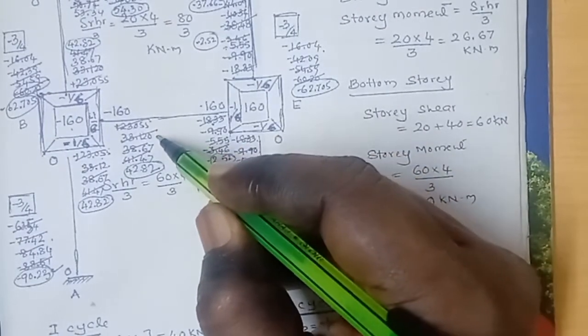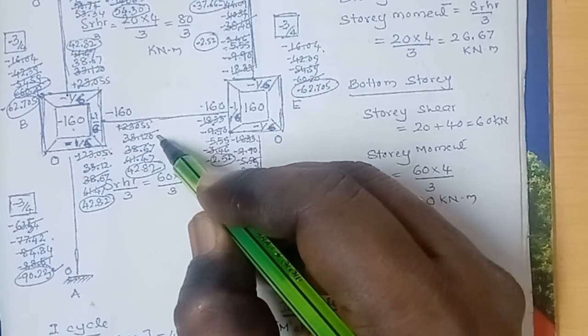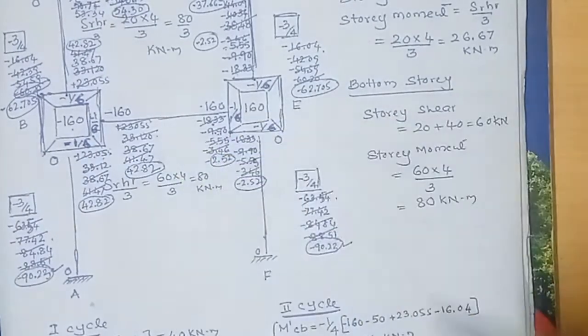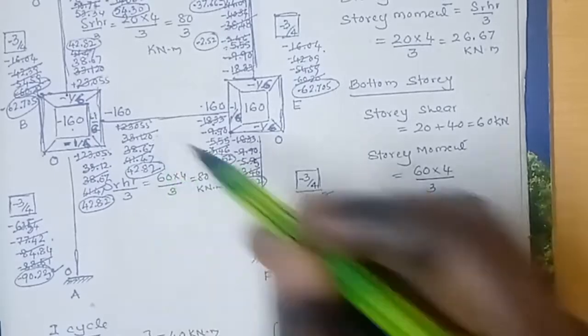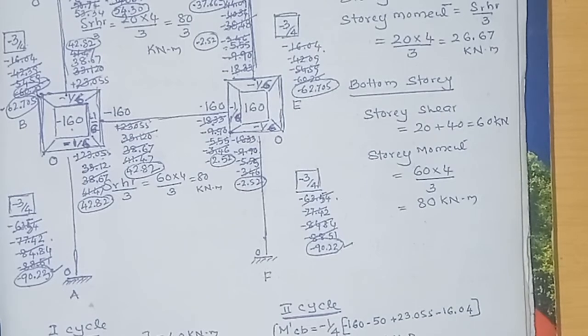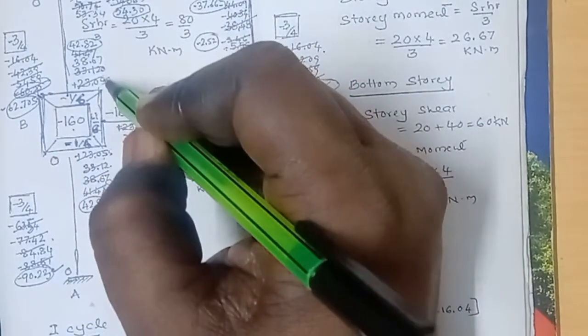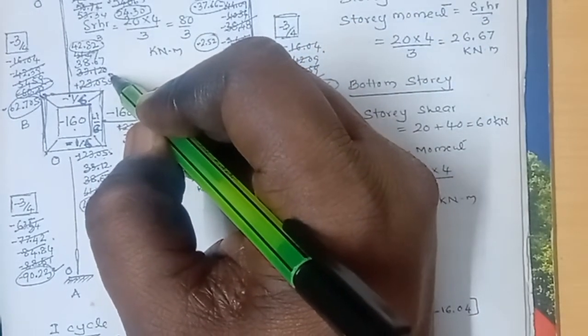33.123 kilonewton meter, that we have to write here by striking out the first cycle value. Then 33.12 we have to write. Then for vertical member M dash BA, for vertical member M dash BC, the same values we will get. Hence 33.12, 33.12 that I have written here.